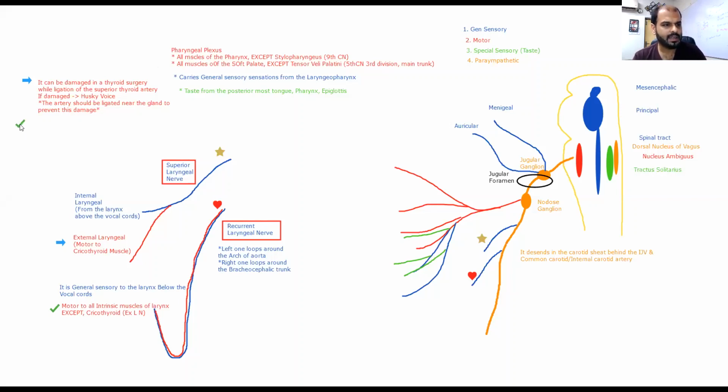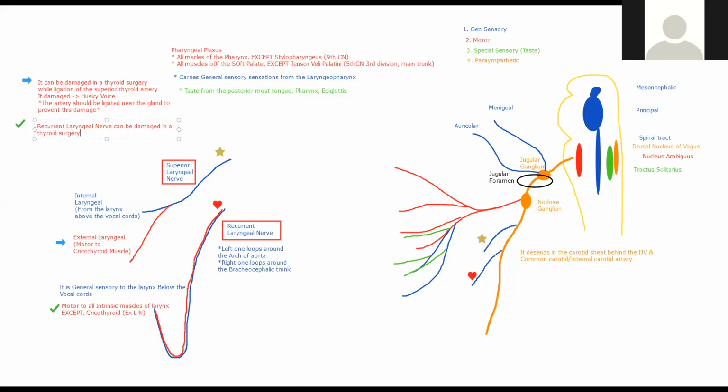The recurrent laryngeal nerve again can be damaged. Can be damaged in what? In a thyroid surgery, thyroidectomy, and while ligation of what? While ligation of the inferior thyroid artery.